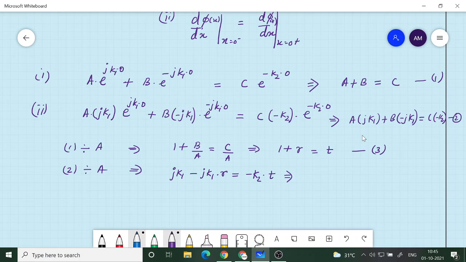So I can write it as j k1 into 1 minus r is equal to minus k2 into t.